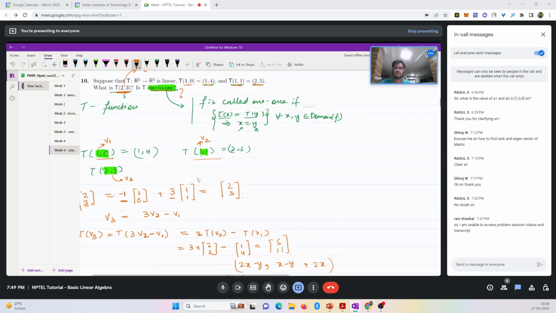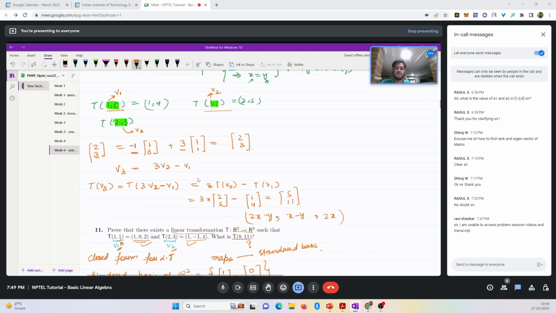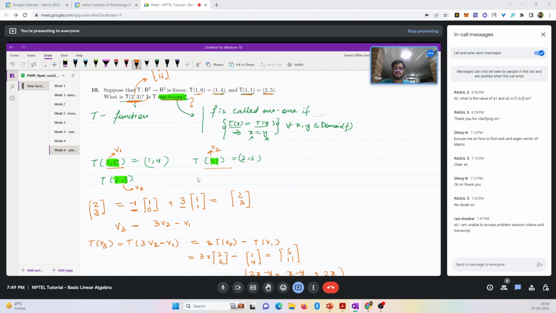We showed that we obtain T of (2, 3) like this. Now, if we treat (1, 0) and (1, 1) as a basis, we can, because they are linearly independent, then you can see their maps are also linearly independent of each other.